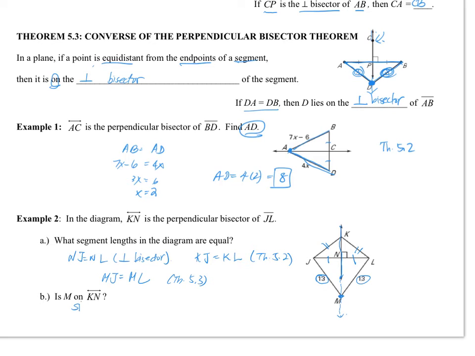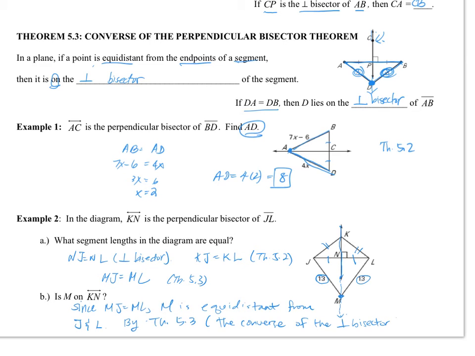And since from part A, we stated that MJ is equal to ML, then M is equidistant from J and L. So by theorem 5.3, the converse of the perpendicular bisector theorem, M is on the perpendicular bisector KN.